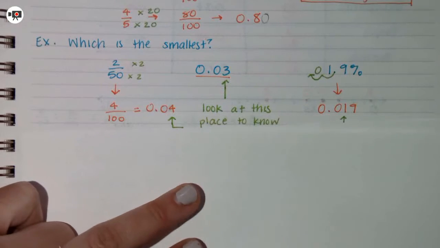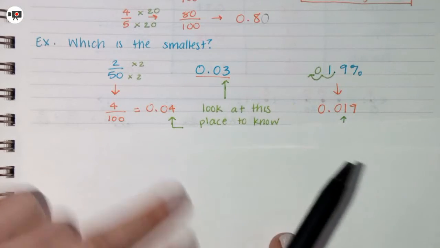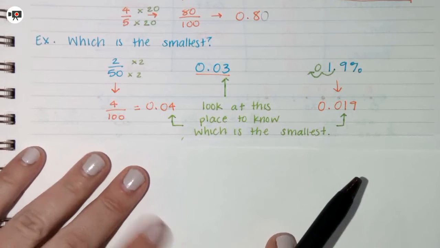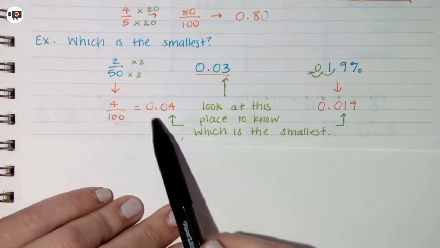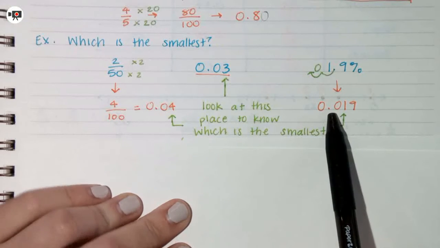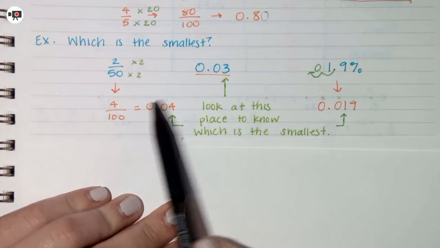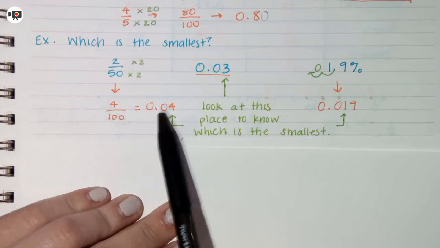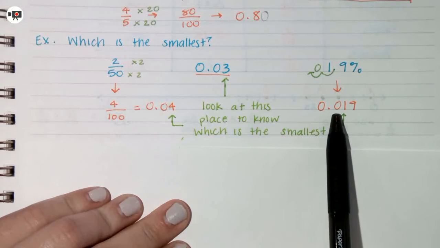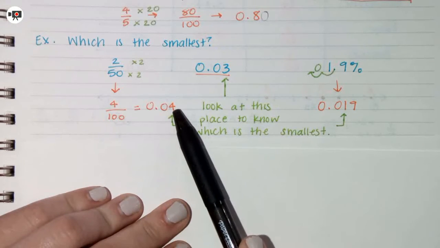And to compare, we look at the hundredths place to know which one is the smallest. All their numbers before are the same. They're actually all 0. So if my whole number is the same, I look at the tenths place. If the tenths places are all the same, move one more to the right and look at your hundredths place.